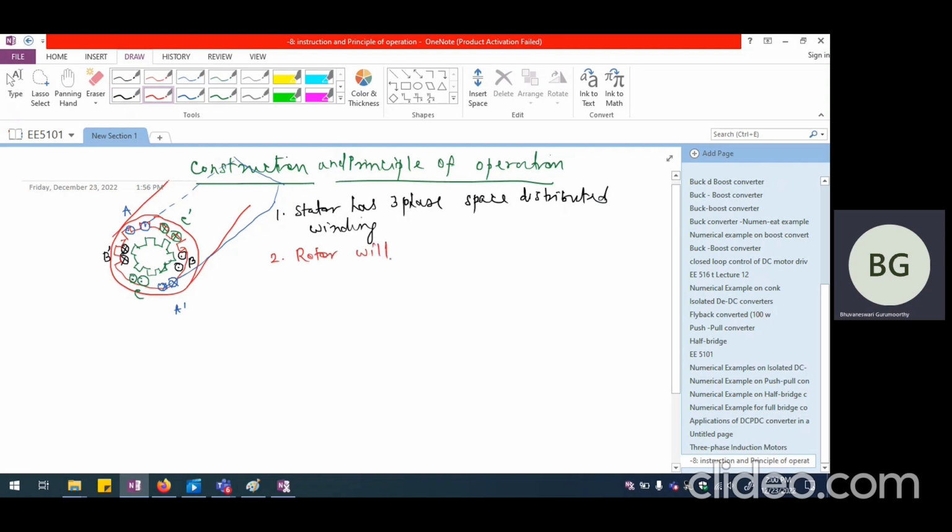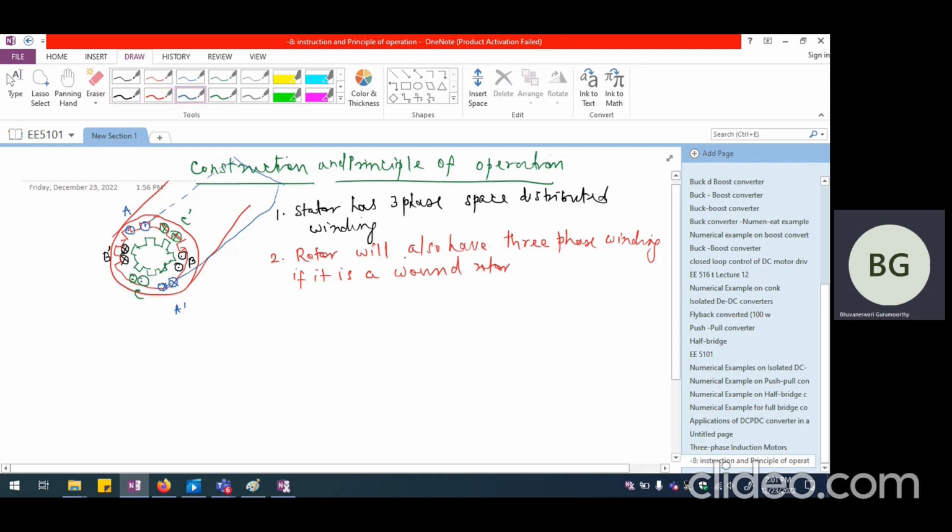Rotor will also have three-phase winding if it is a wound rotor.